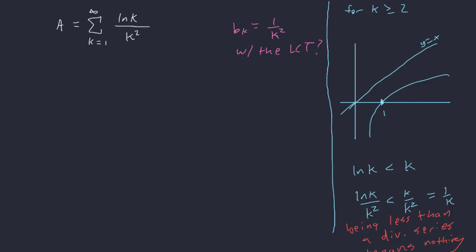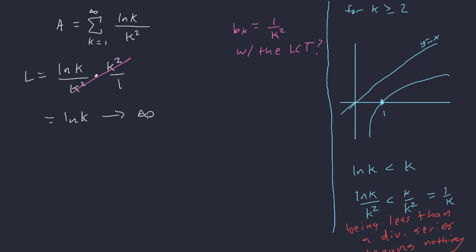So let's see. If we let L be the natural log of k over k squared times the reciprocal, k squared over 1, these cancel. And we get that this is ln k, which as k goes to infinity, goes to infinity.